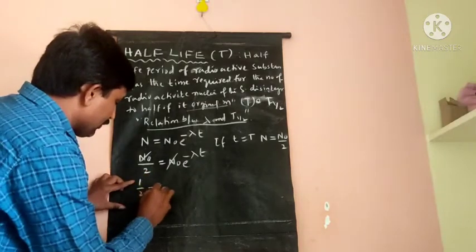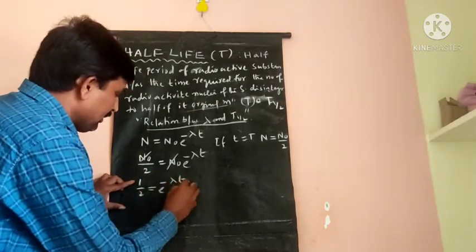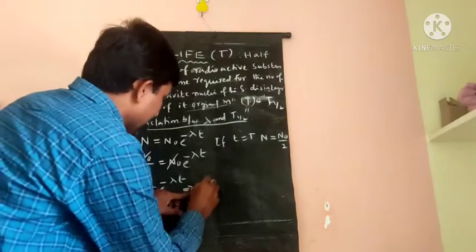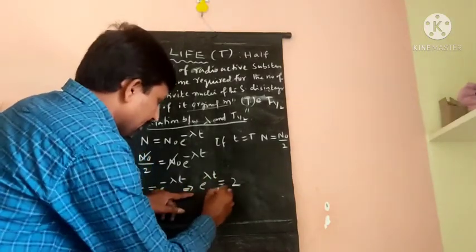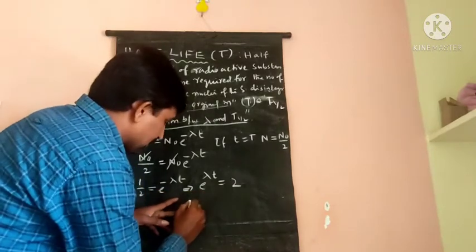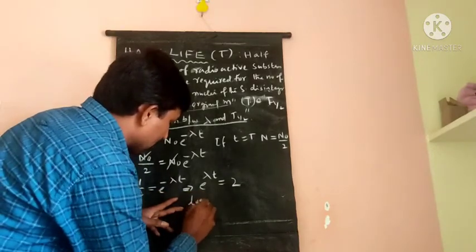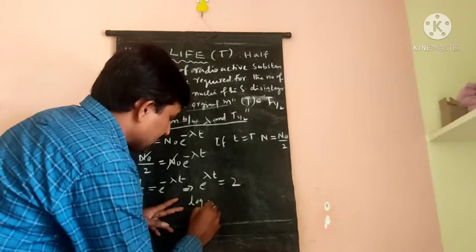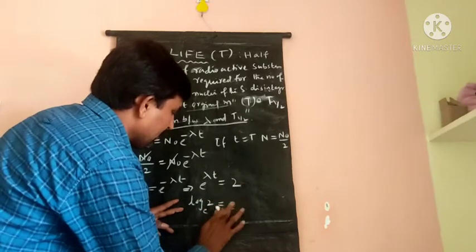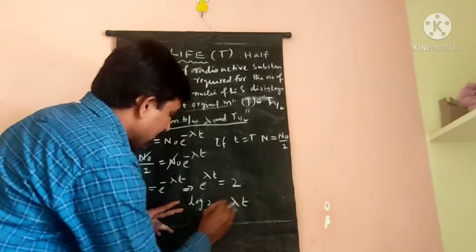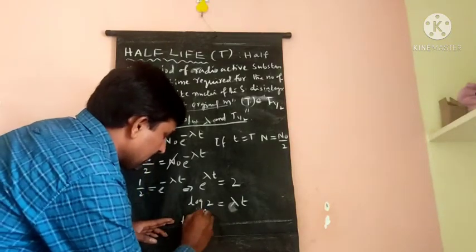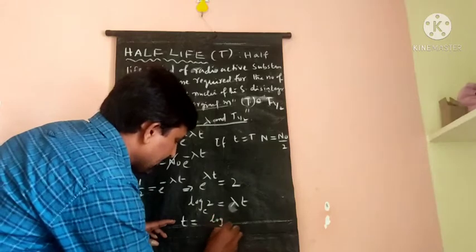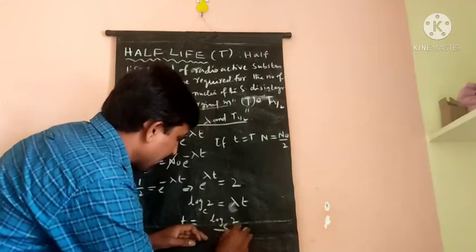1 by 2 is equal to e power minus lambda t, also written as e power lambda t is equal to 2. Apply log on both sides. So log base e of 2 is equal to lambda t, or t is equal to log base e 2 by lambda.